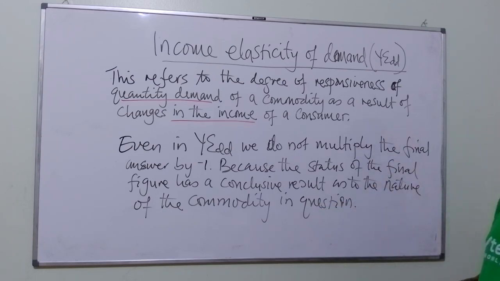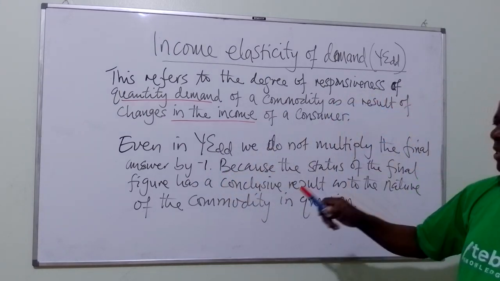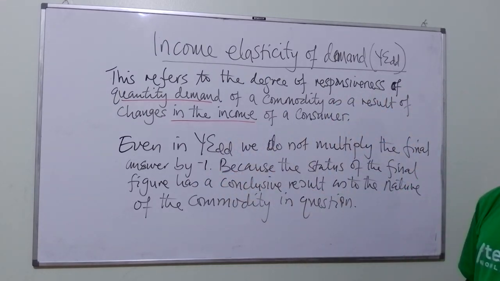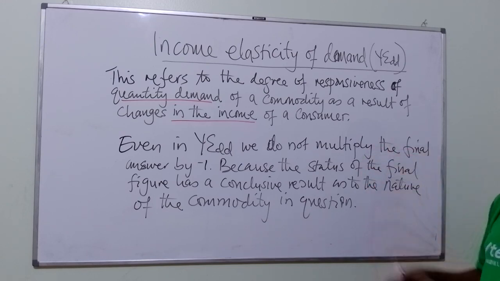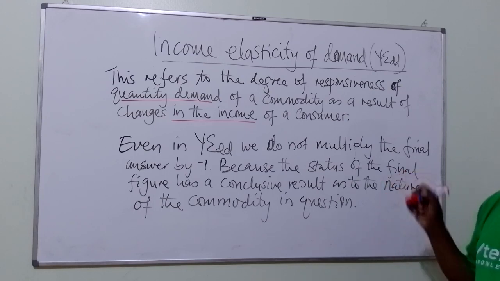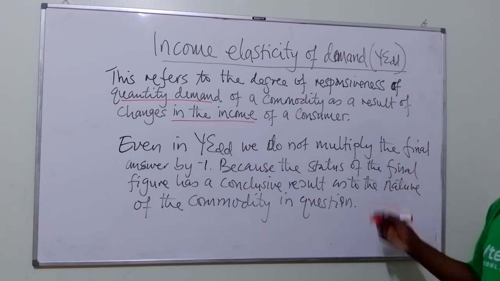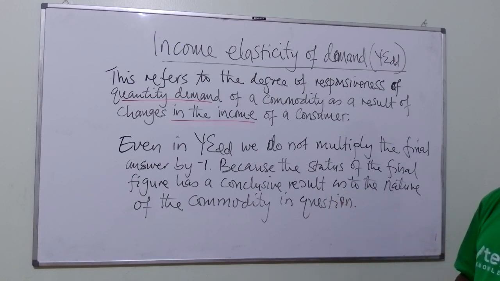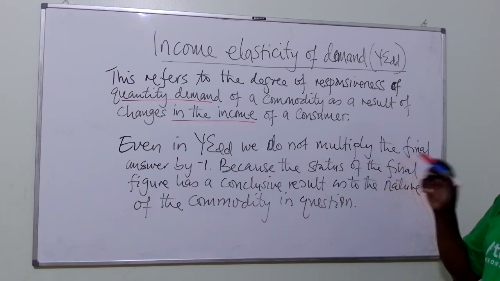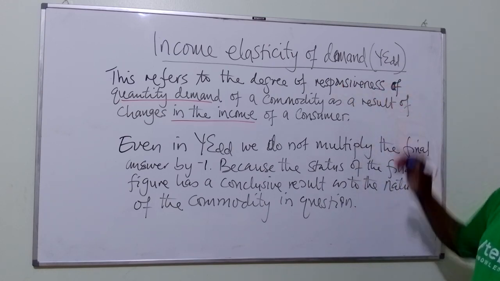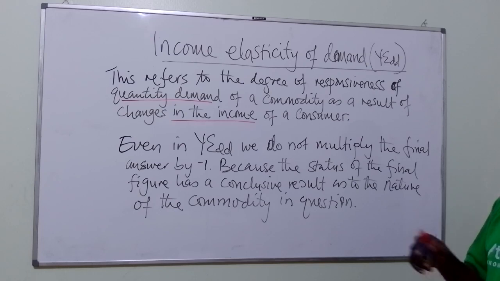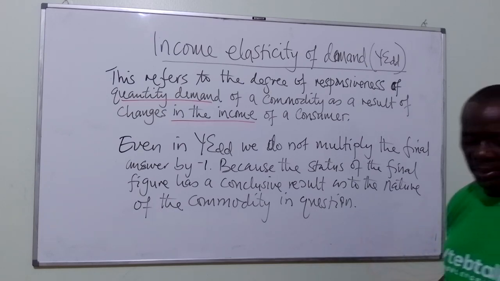Many students tend to cram and master this multiplication by -1. So that when they calculate and get the answer as negative, they immediately multiply by -1 to deal with the negative aspect. That applies only in price elasticity of demand. But for these others, income elasticity of demand and cross price elasticity of demand, we don't multiply.